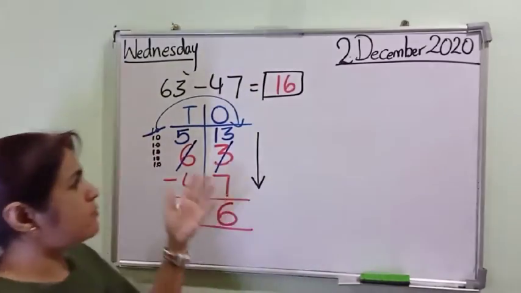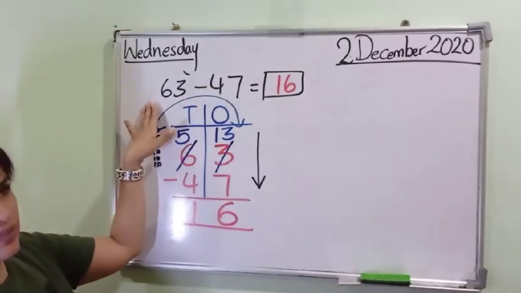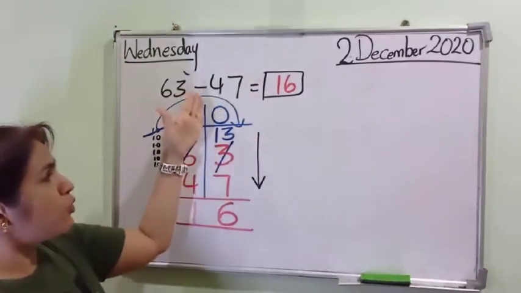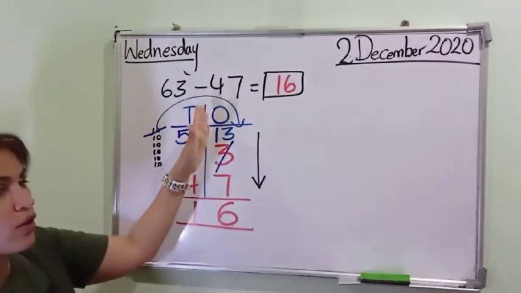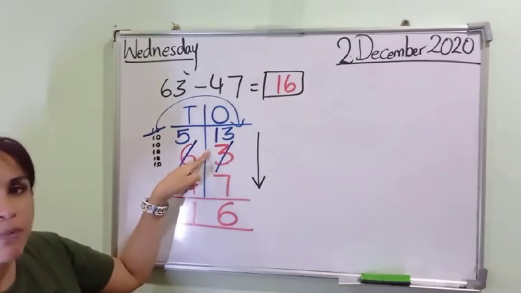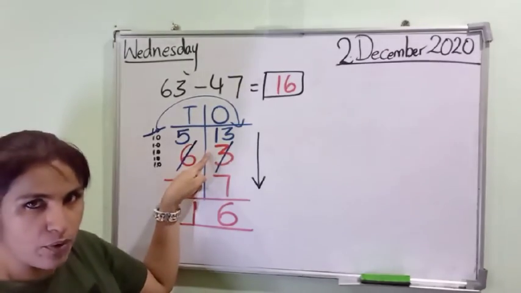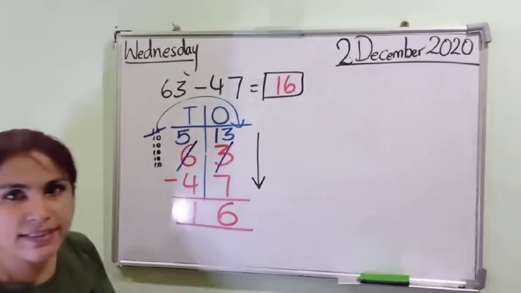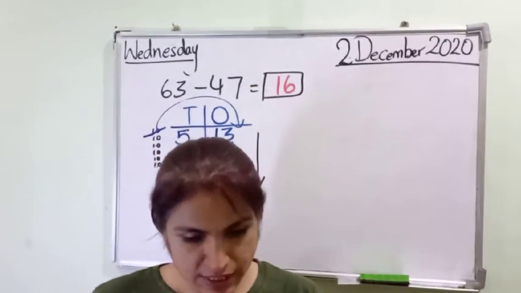So sometimes you will get an equation like this. Though 63 is a bigger number than 47, when you put it on the table on your right hand side on the ones place, if you have a smaller number on top, you have to borrow 1 ten from the tens place. Okay, so open up to your page number 47.